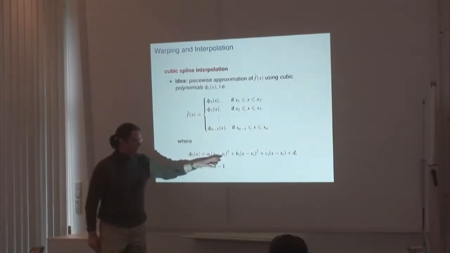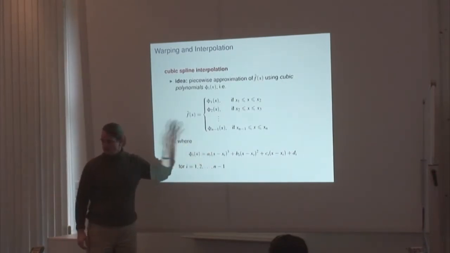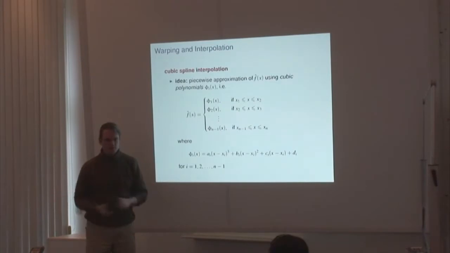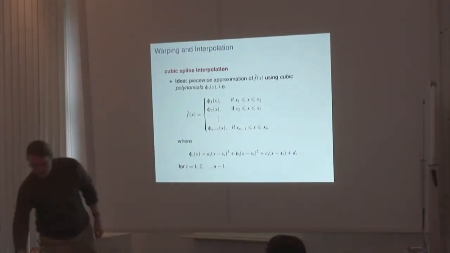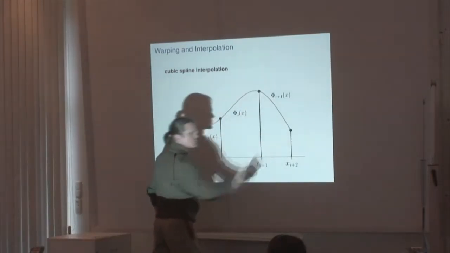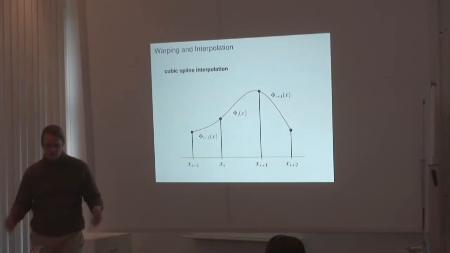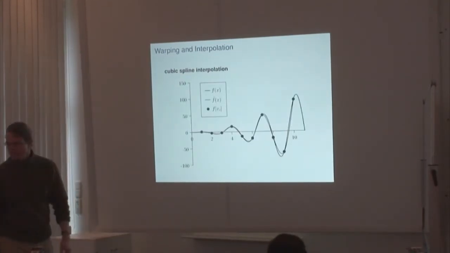But this is not a God-given thing. You could use any other kind of polynomials here. But if you do it like this, you will typically get very smooth results. And this is something we should strive for.